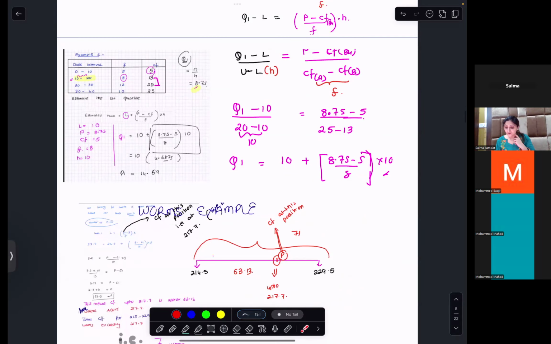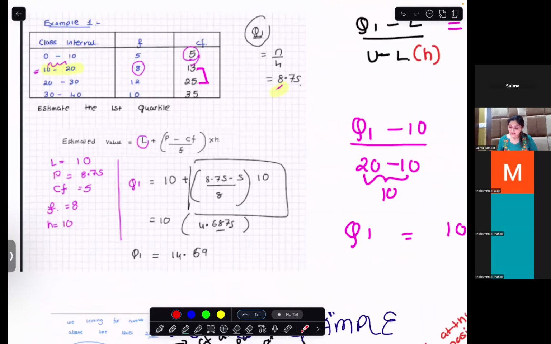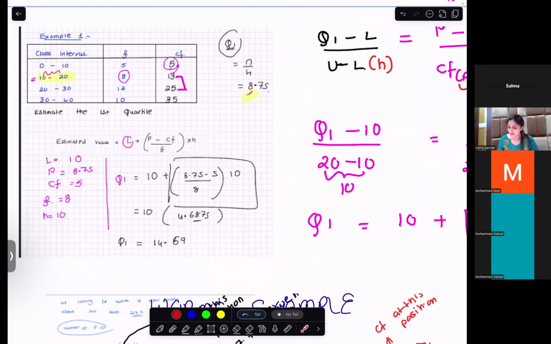When you're using linear interpolation, say I want Q1. Are you with me? So Q1, I will do n by 4. N by 4 is 8.75. Come on, tell me where does 8.75 lie? It's going to be the position. At which class will it lie?